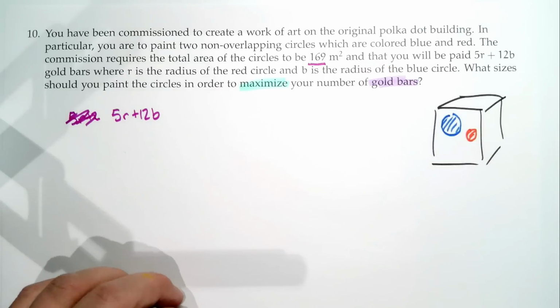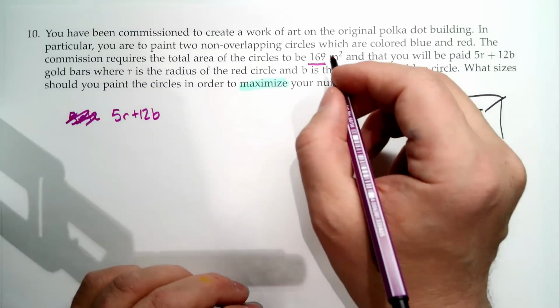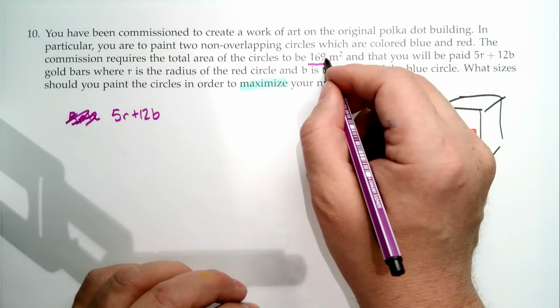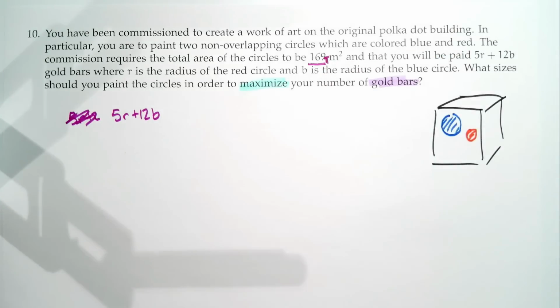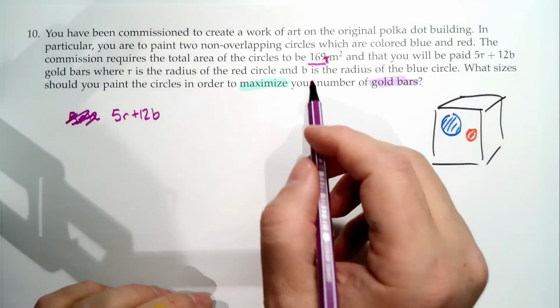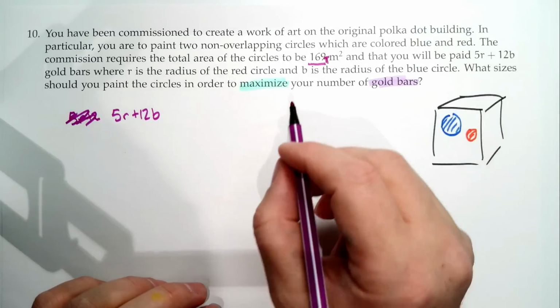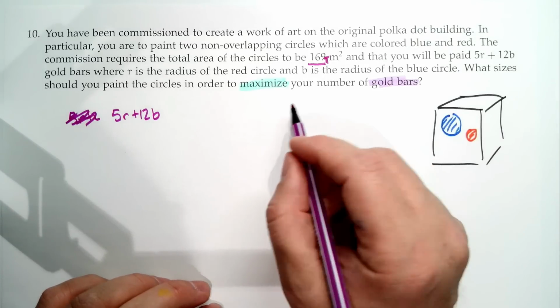I do have a typo here. I'm going to quickly correct it. I'm going to put pi, just because it's going to make the computations a lot simpler. 169 pi. So we have a total area that we need. So what's the area?